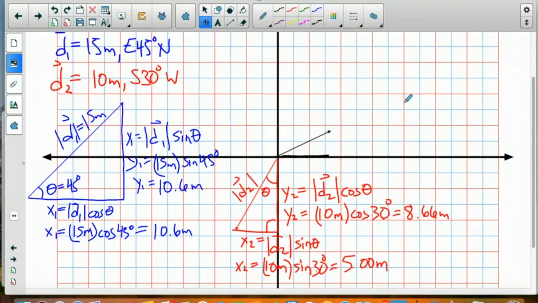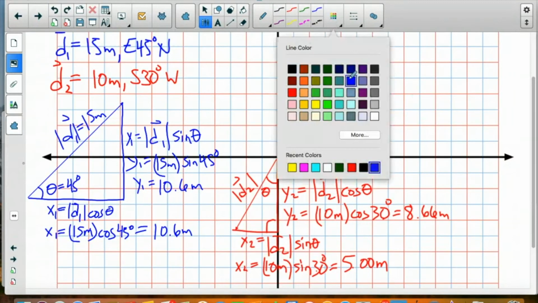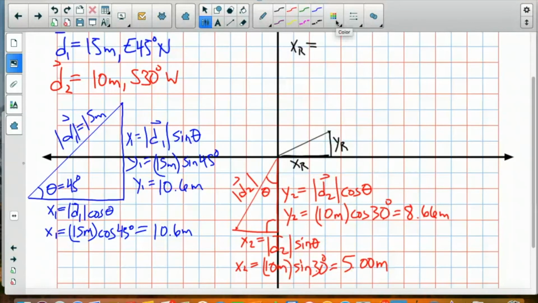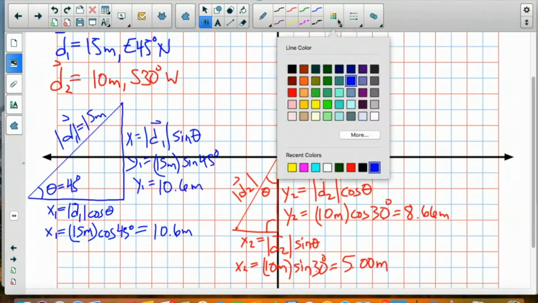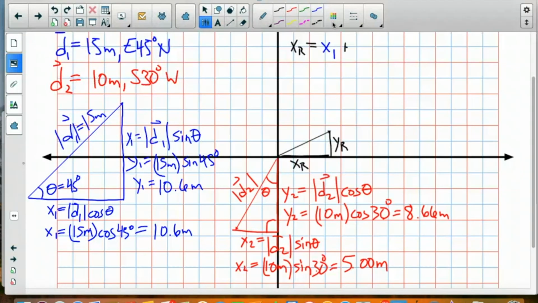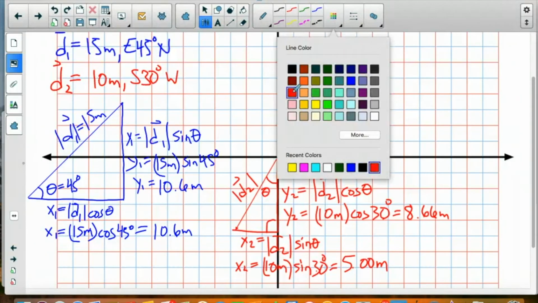So what are this value here? This is x of our resultant, and this is y of our resultant. Okay, well, it's fairly simple. All I have to do is for x of my resultant, I take x1 and I add it to x2.